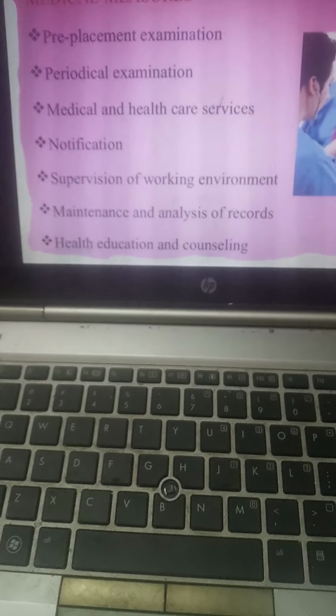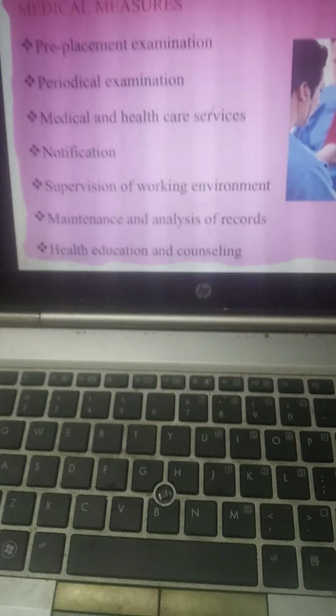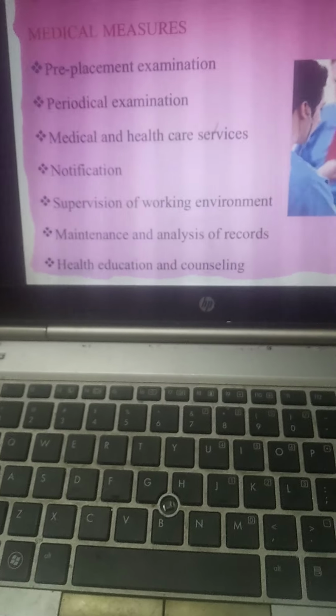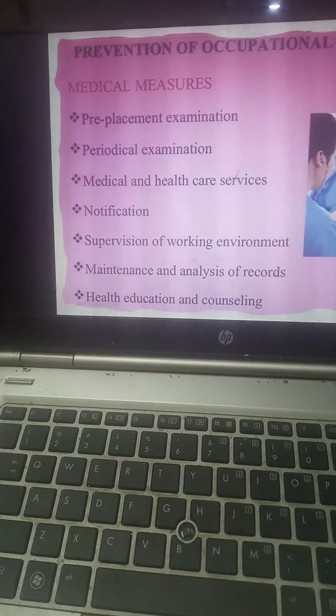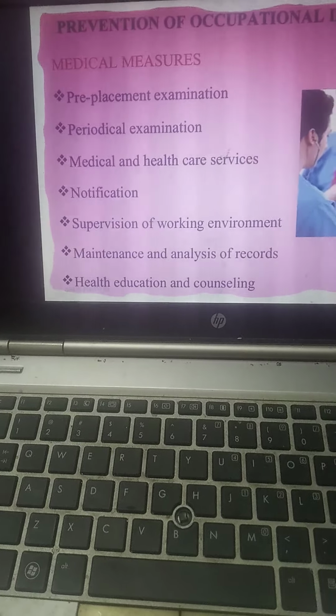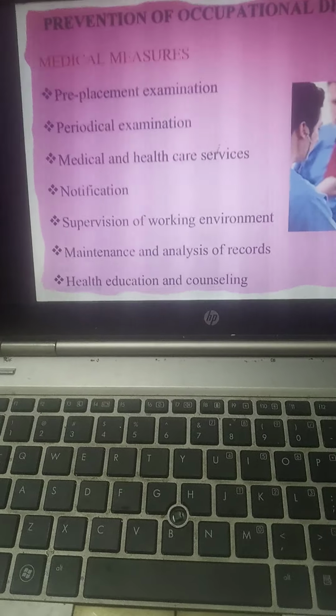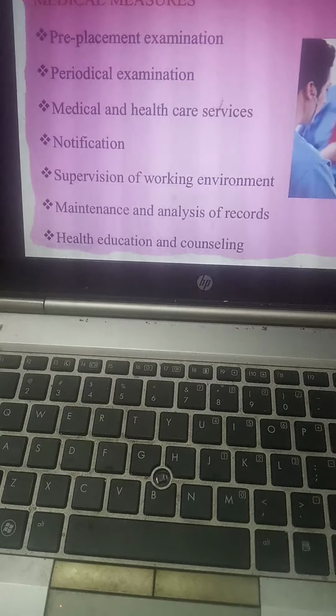Once the employee is hired, you must ensure that employee is periodically examined for any adverse health condition that can develop as a result of working in that working environment, for example factory or industry or any other place where the employee is made to work.